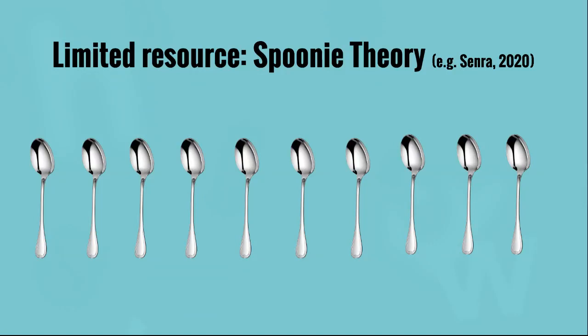That's a lot of spoons. And if someone is having trouble with reading, or if they have a developmental language disorder, it's going to cost them even more spoons. And the same thing will be true in a case where someone is having deficits in their executive functioning.